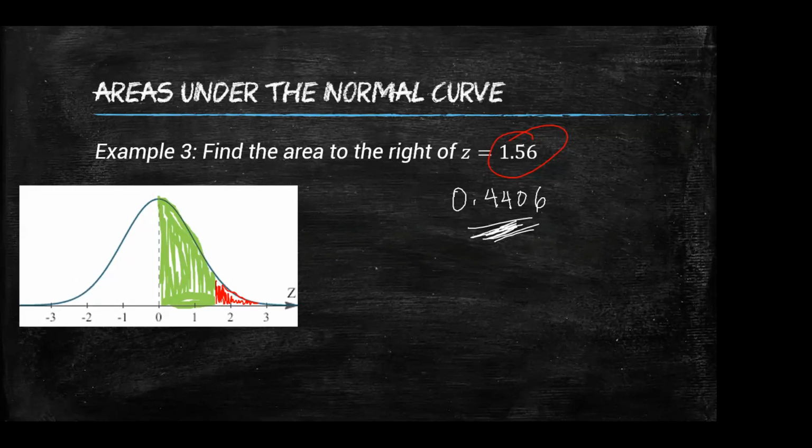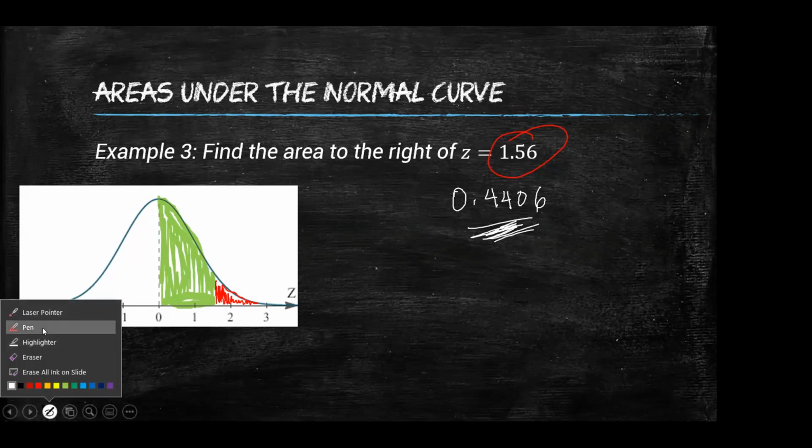Now, to obtain the red part, yung shaded area na red, kailangan nating i-minus yung buong kalahati doon sa part na in between 0 and 1.56 para makuha natin yung area to the right of 1.56.